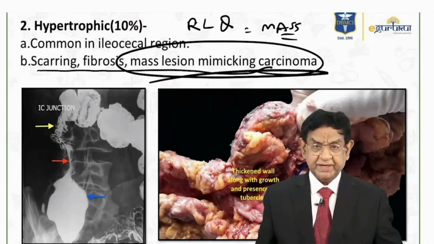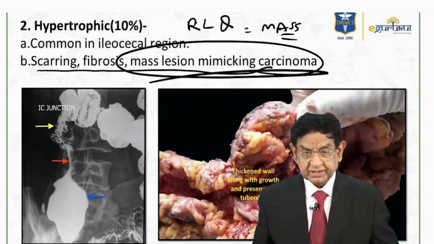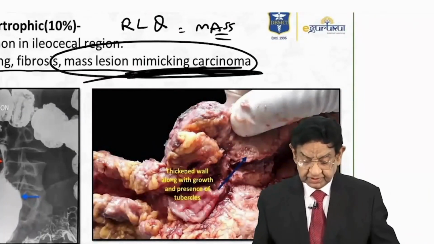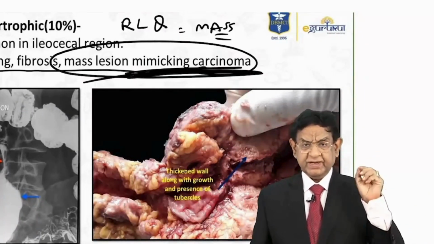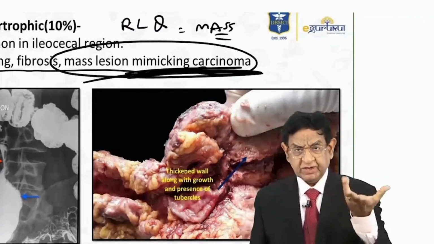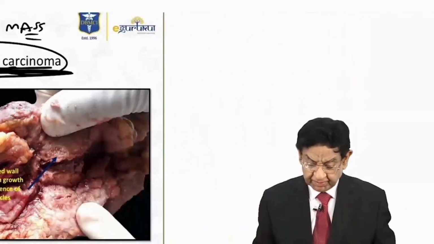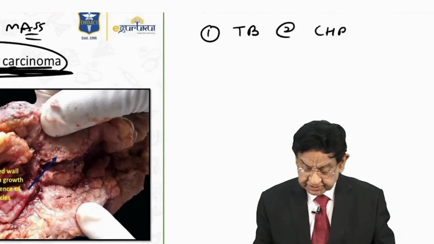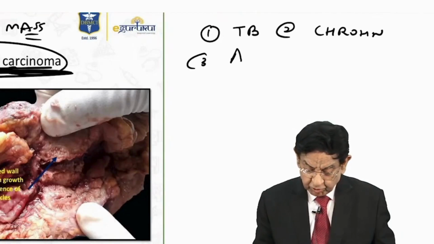You can palpate it. Okay, so it looks like a cancer. So classically, if you are getting a mass or a lump in the right lower abdomen, think of tuberculosis, think of Crohn's disease, think of amoeba.